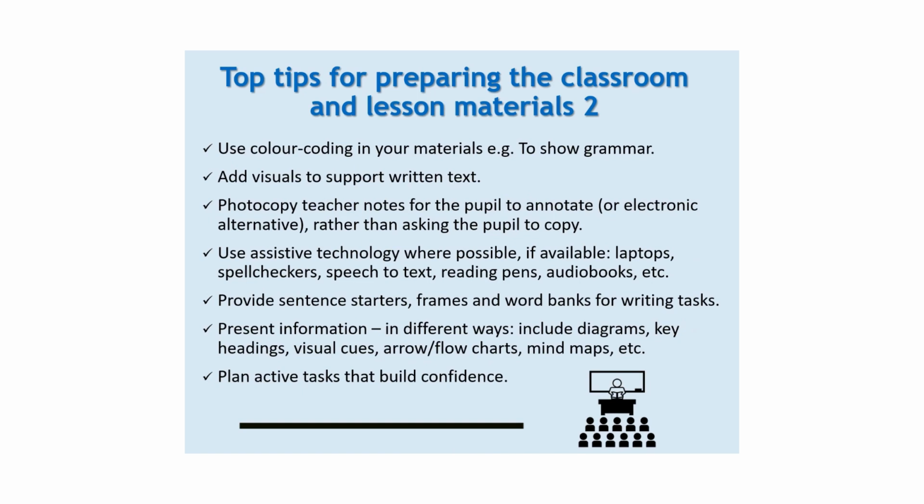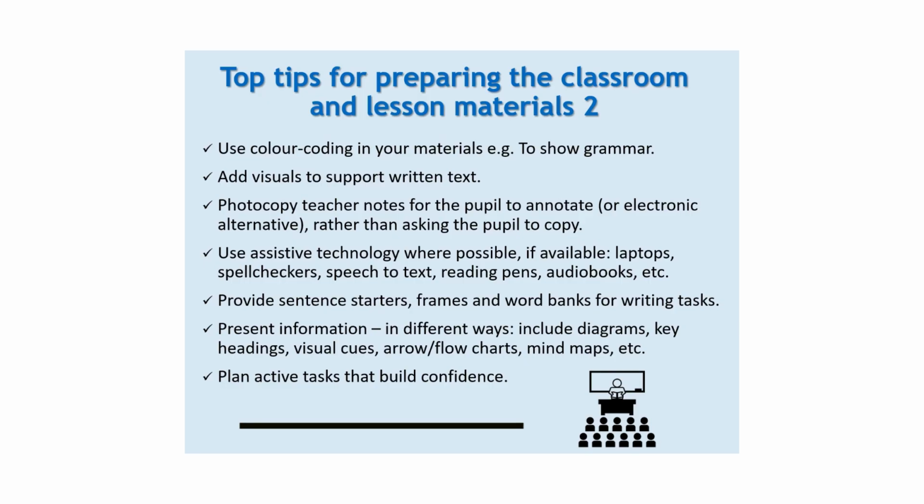Top tips for preparing the classroom and lesson materials. 2. Use colour coding in your materials, for example to show grammar. Add visuals to support written text. Photocopy teacher notes for the pupil to annotate or electronic alternatives rather than asking the pupil to copy.